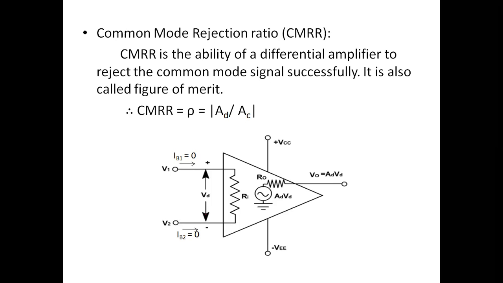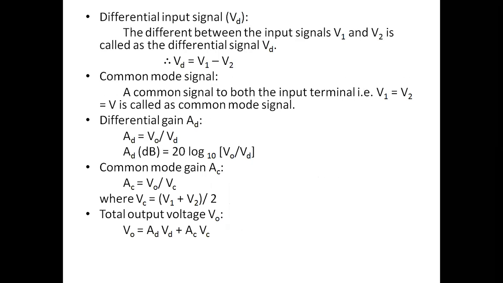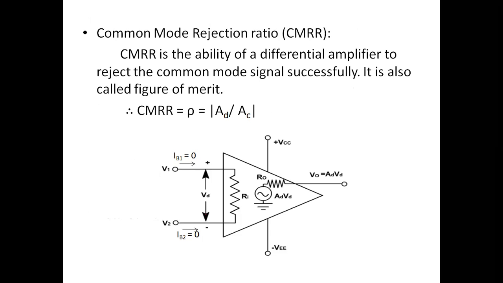You can calculate VO upon (V1 plus V2) by 2. So here VO will get cancelled and you will get CMRR equal to AD upon AC, which is nothing but (V1 plus V2) upon (V1 minus V2).